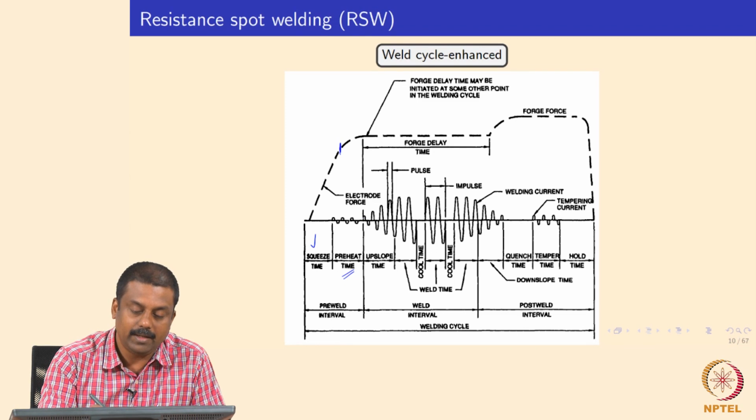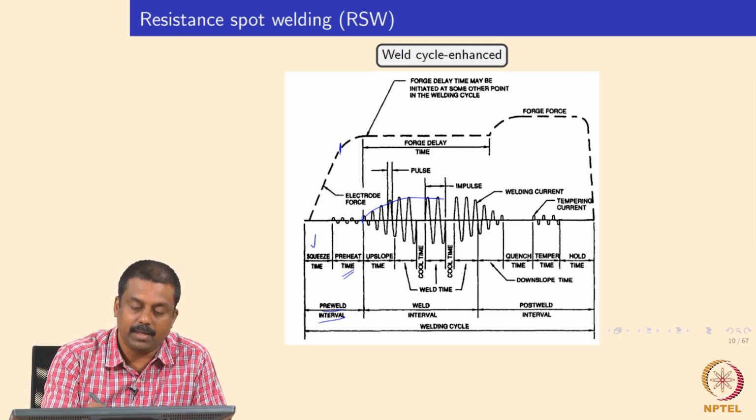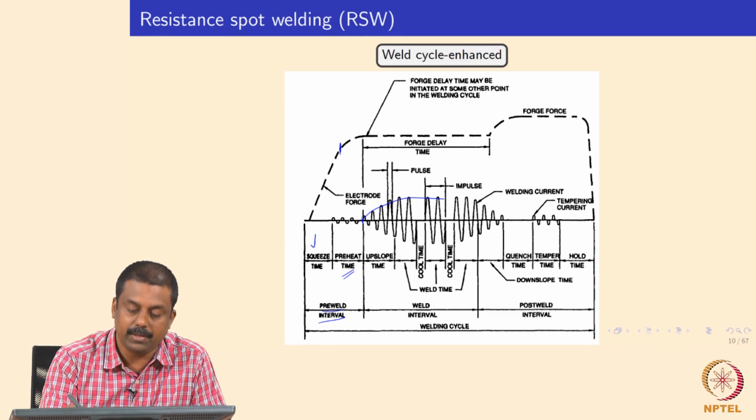Upon keeping for some time, we have a pre-weld interval, for example, and then we can start applying the current, and not as a single pulse. We can also have a ramping up current, where you gradually heat up your welding sheets to a temperature above the melting temperature. And then during this process, you can also apply either a pulse or a constant amplitude.